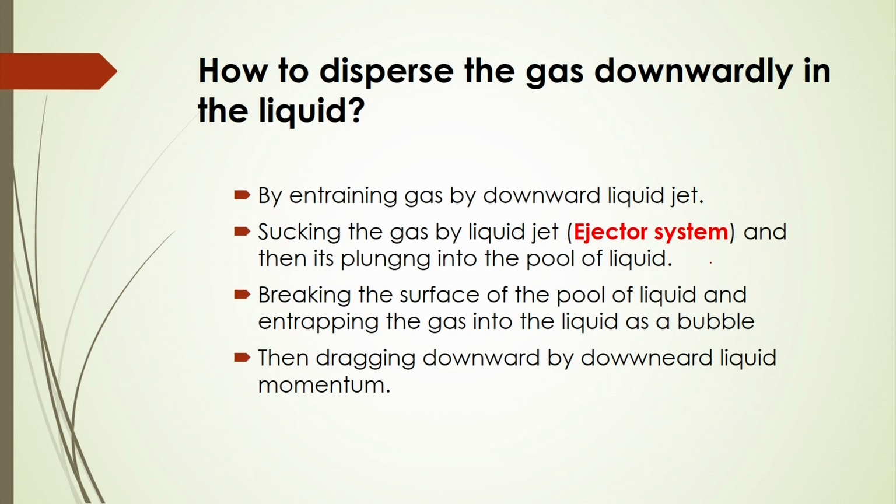So, breaking the surface of the pool of the liquid and entrapping the gas into the liquid as bubbles happens in this contactor system after the ejector system. And then, whenever bubbles or droplets form in that intense mixing zone, by entraining or entrapping the gas through the entrainment mechanism, they are dragged downward by the downward liquid movement there.